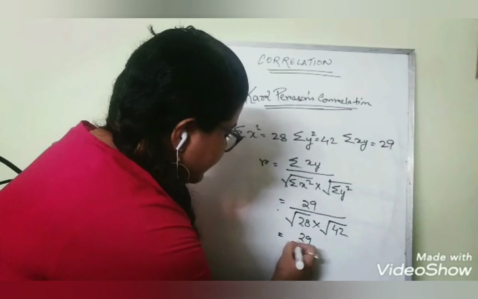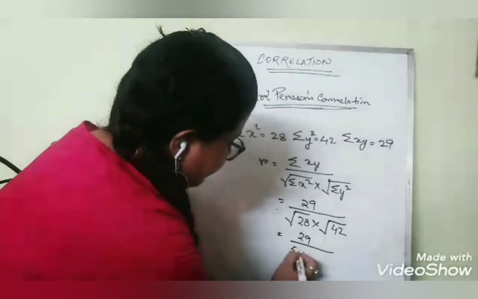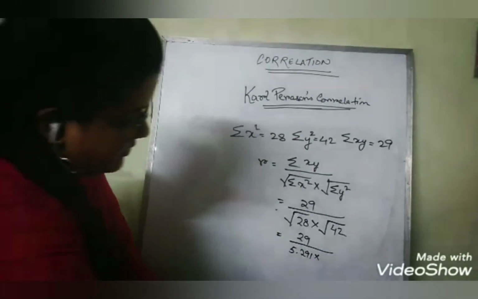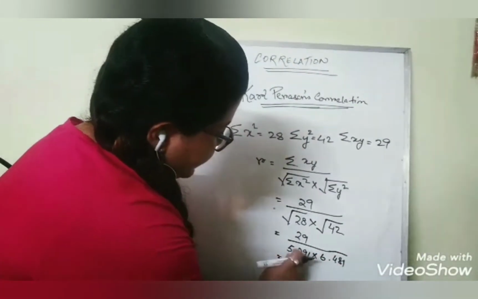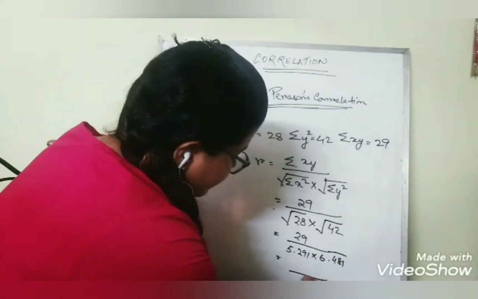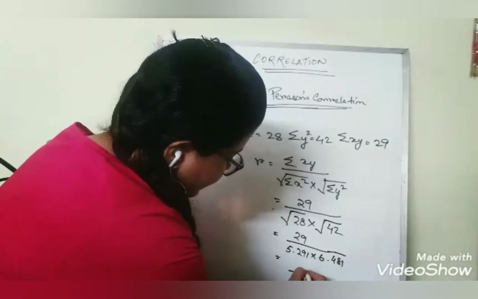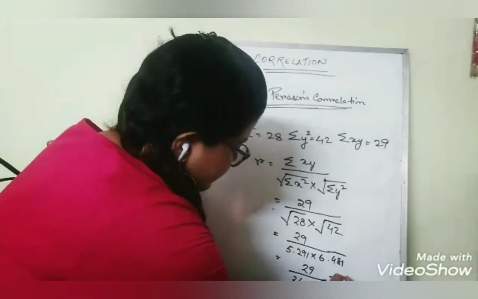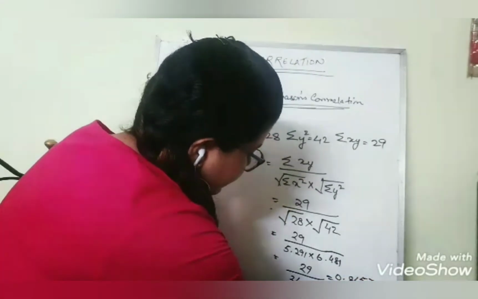Root over 28 comes to 5.291, root over 42 comes to 6.481. Multiplying these two comes to 34.291. So 29 divided by 34.291 is equal to 0.8457. This is your r.